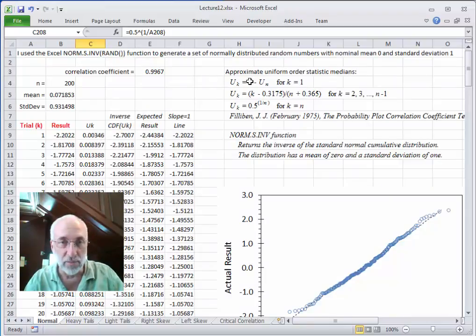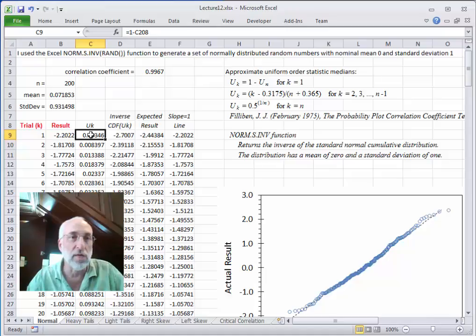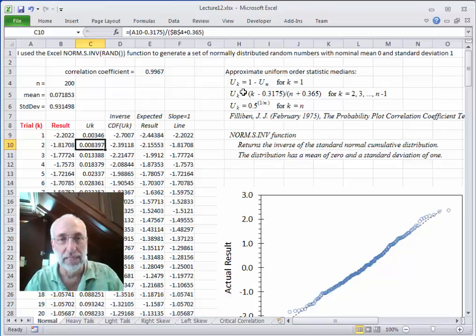Now, that's the last number. The first number is 1 minus the last number. So u_k for k equal to 1 is simply 1 minus that last data point. That makes it symmetric. In between, see in row 10 here, for k equals 2, I'm using the formula for everything else. All the other data points from 2 to n minus 1, this is the formula I use.